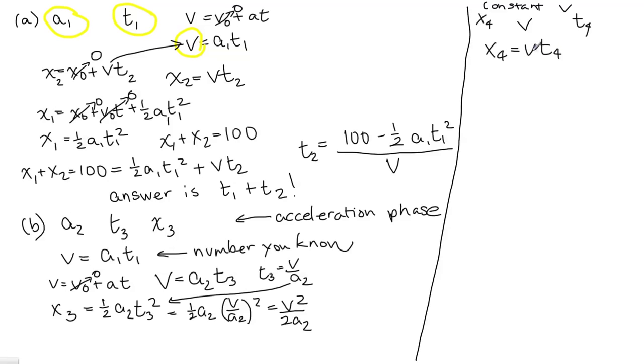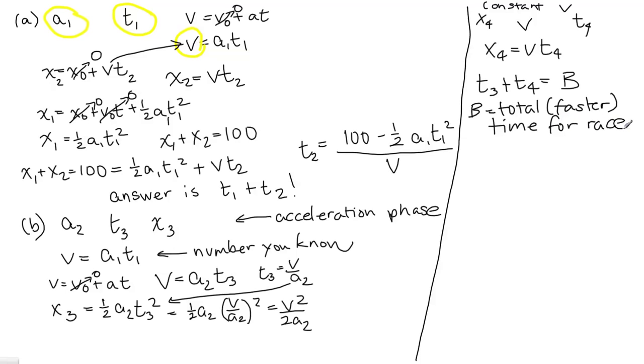That's the equation. We also know that t3, the time for this phase, plus t4 has to be equal to the total time that they want it to be, which I'm going to call b. B is the total time for this race. This is a number that you know. It's in your problem. So that means t4 has to be equal to b minus t3.